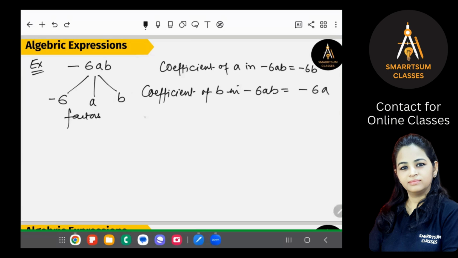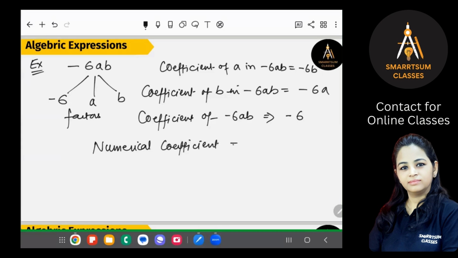Now, if it is asked in general, the coefficient of the term minus 6ab, what will you write? Minus 6. If it is asked for the coefficient of the whole term, then you have to tell the numerical coefficient. Similarly, if it is asked as the numerical coefficient of this term, that is again minus 6.